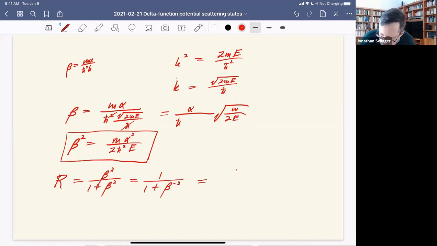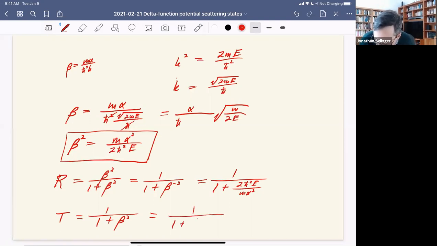This is 1 over 1 plus 2 h bar squared e over m alpha squared. And likewise, the transmittance is 1 over 1 plus beta squared, so it's 1 over 1 plus m alpha squared over 2 h bar squared e.